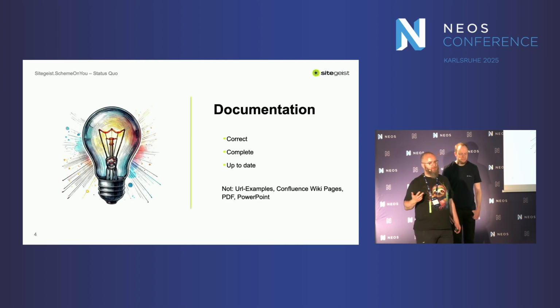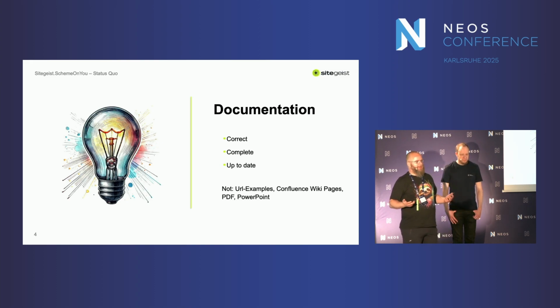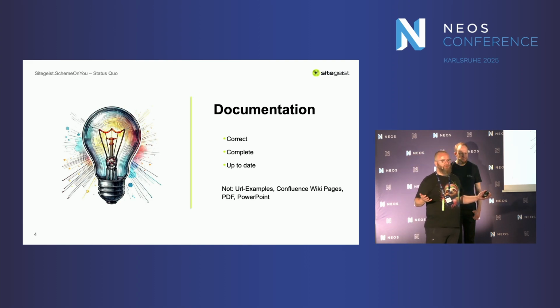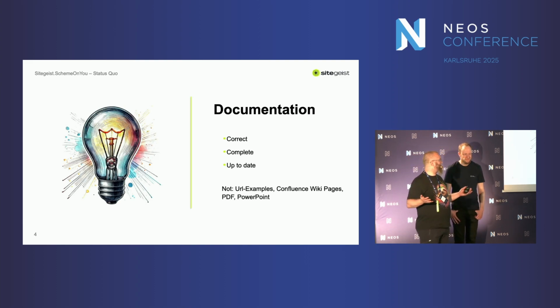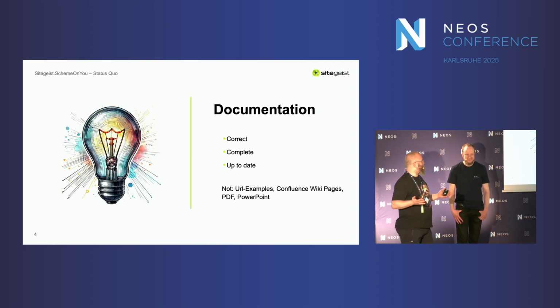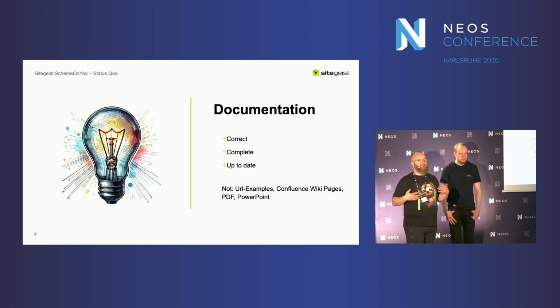So it has to reflect all the changes that were ever made to this API. And documentation can come in different forms, like URL examples or Confluence pages, PDF documents, or even worse, PowerPoint presentations. We've seen them all, and they don't work well, especially when we want to communicate changes to APIs.